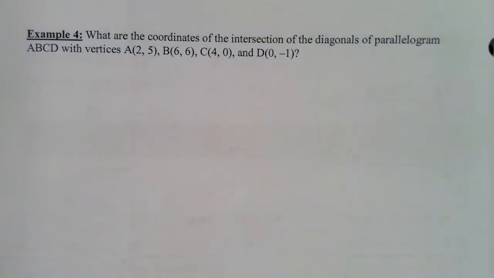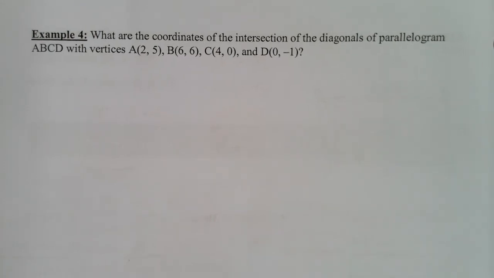What are the coordinates of the intersection of the diagonals of parallelogram ABCD with the vertices A (2, 5), B (6, 6), C (4, 0), and D (0, -1)? This is like a good SAT kind of question. Let me just draw a parallelogram really quick.